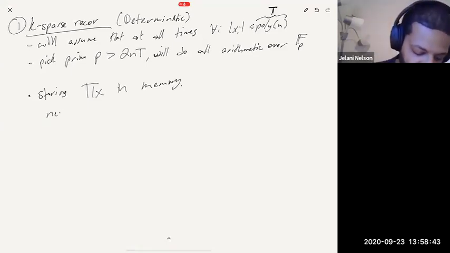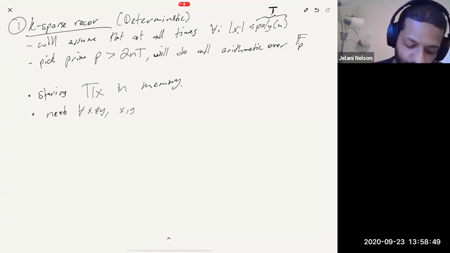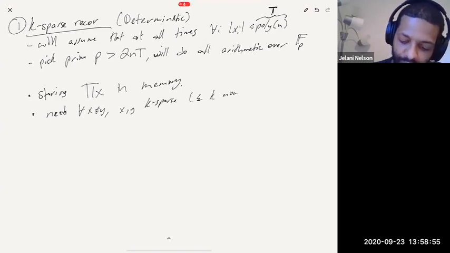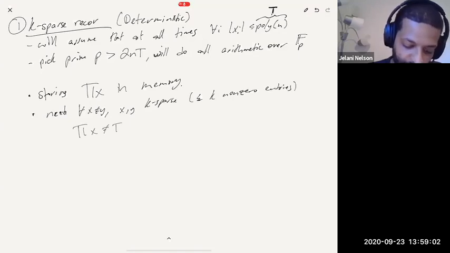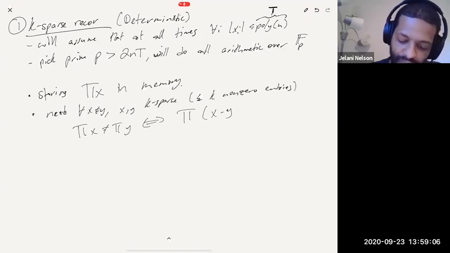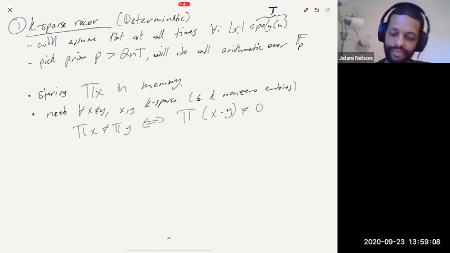So I need that for all x not equal to y, where x and y are both k-sparse, and k-sparse means at most k non-zero entries, remember, pi x is not equal to pi y, which is the same thing as saying pi(x minus y) is not equal to 0.